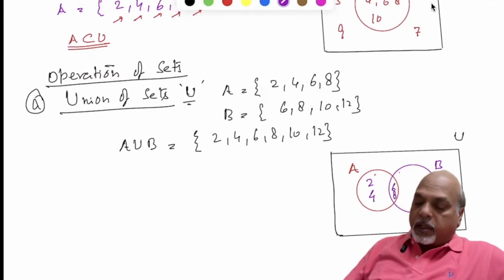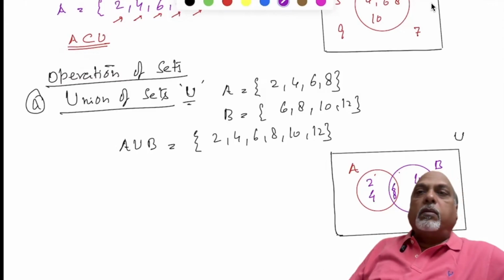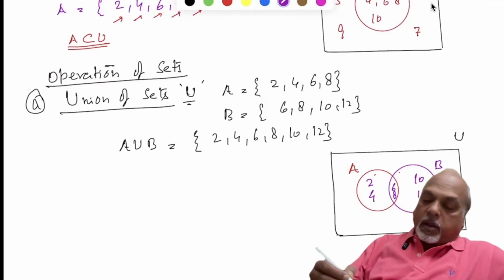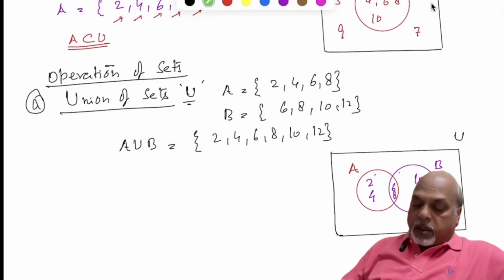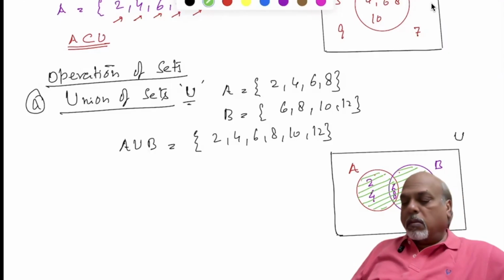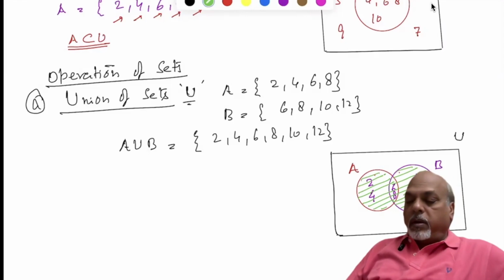So here we can write 6 and 8, and 10 and 12. Correct? So what is A union B? It is nothing but the complete region, this is the A union B, you can say.